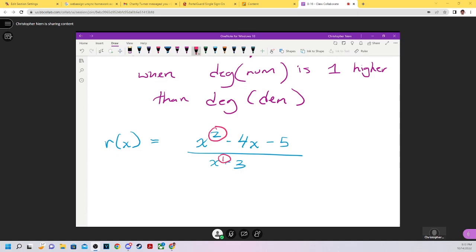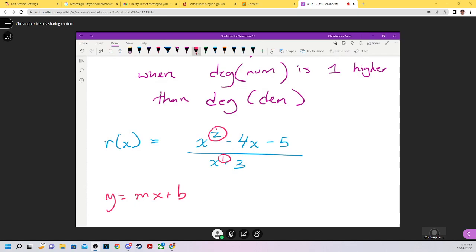When you divide these out with long division, you're going to get a polynomial in the first degree. 2 minus 1 gives me a first degree polynomial. Now, it might have a remainder, but I'm going to get something in the form of maybe 2x plus 1, or in the form of y equals mx plus b at the end of the day.